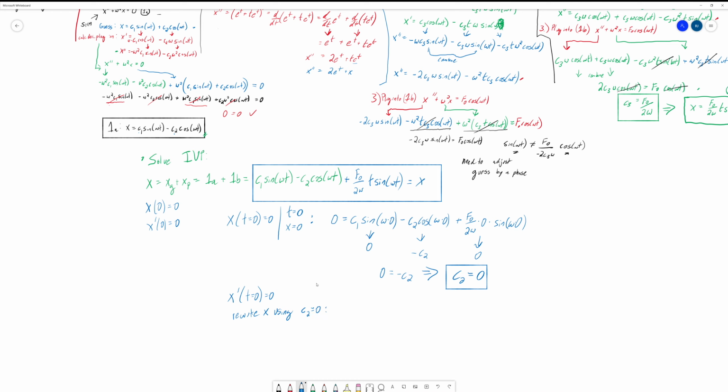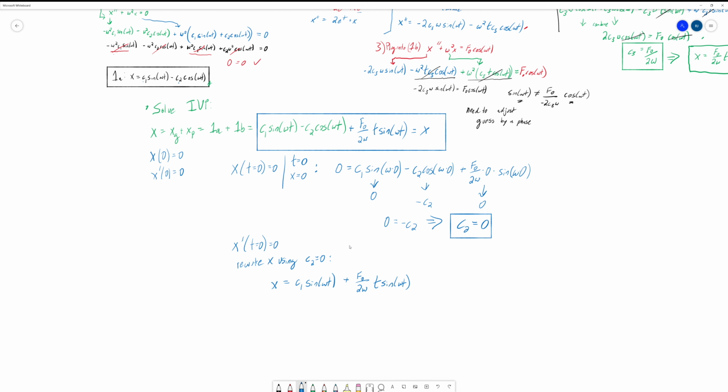So x is going to equal c1 sine of omega t plus f naught over 2 omega times t sine omega t.